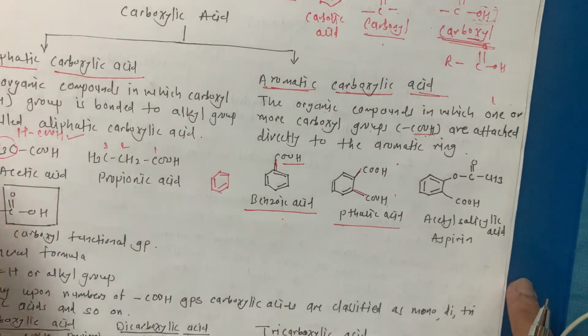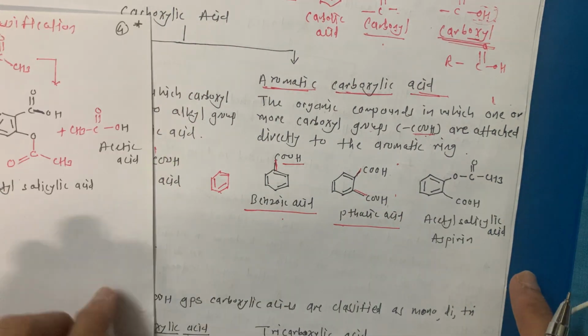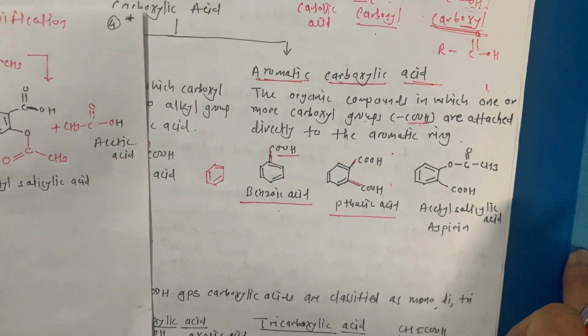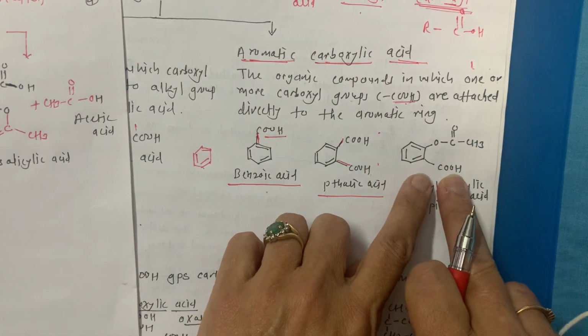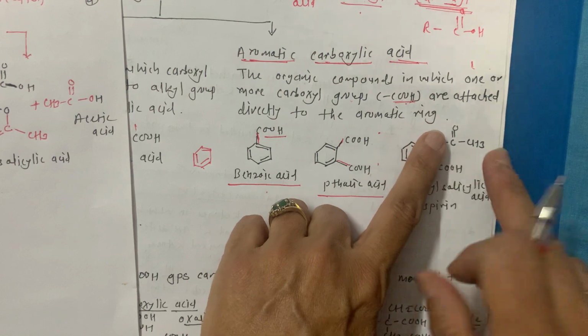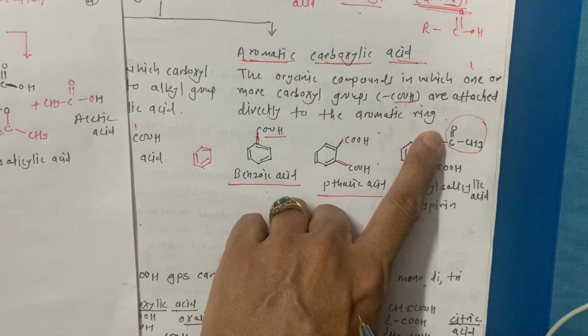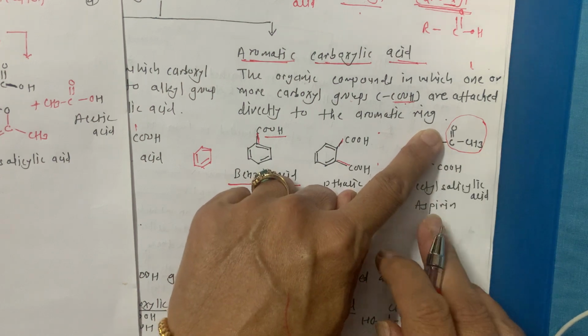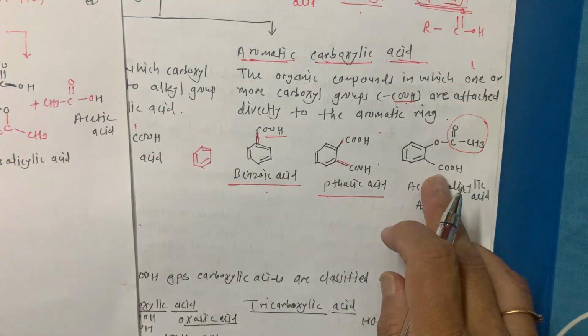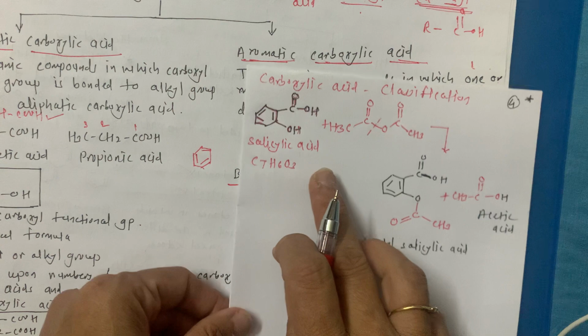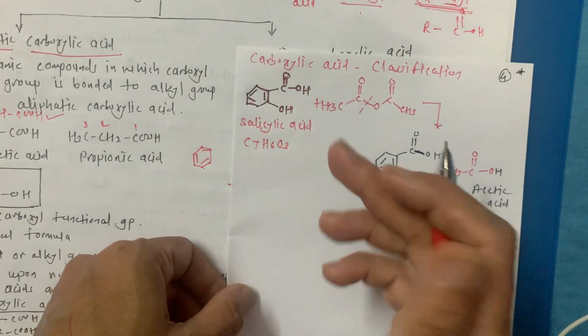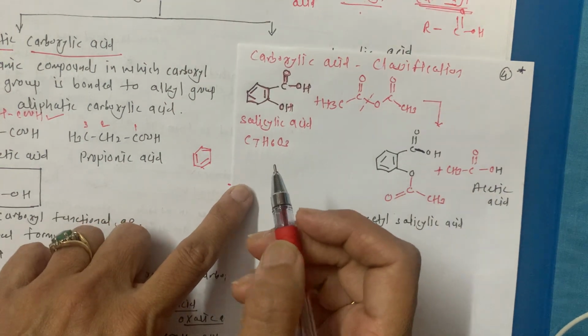Why is the name so? Do you think about this? See, here COOH is there, and here this is the acetyl group. This acetyl group is attached to what? It is attached to salicylic acid. See the reaction. What is salicylaldehyde?